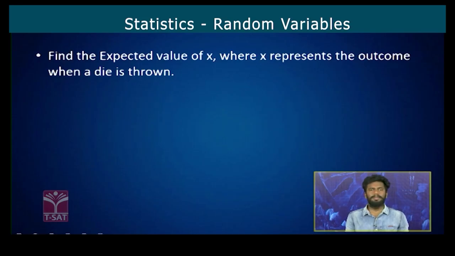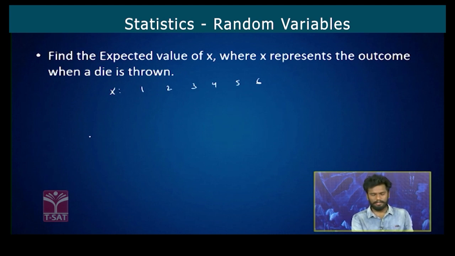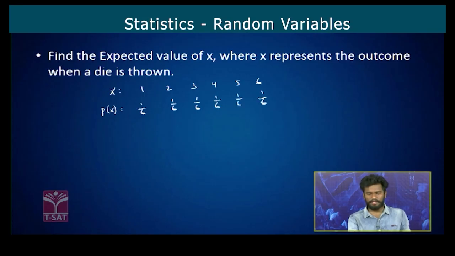Look at the example here. Find the expected value of x when x represents the outcome when a die is thrown. Let us consider the random variable which takes the values 1, 2, 3, 4, 5 and 6, and the respective probabilities p of x are 1 by 6, 1 by 6, 1 by 6, 1 by 6, 1 by 6 and 1 by 6.